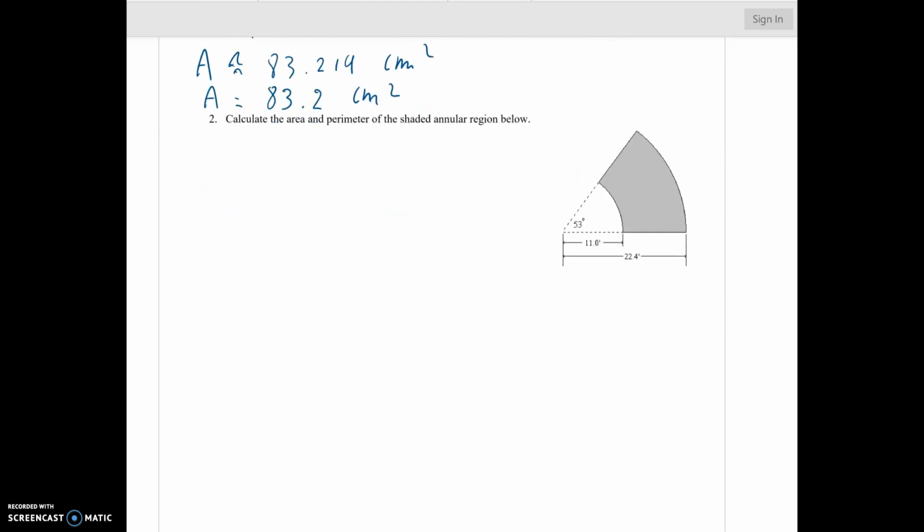To find the area, you must find the area for the radius equal to 22.4 inches, then find the area for the radius 11 inches, and then subtract these two areas to find the area of the region below.